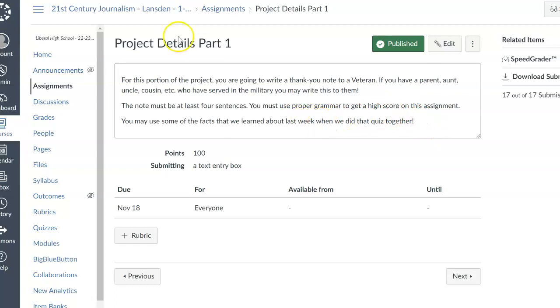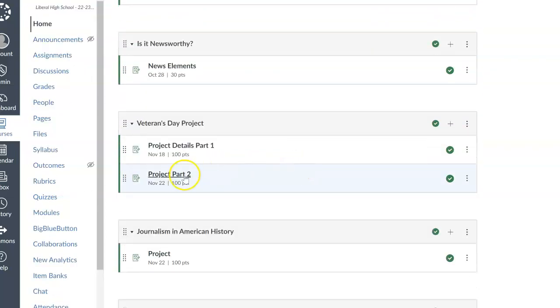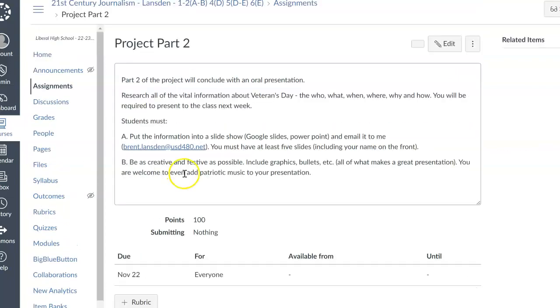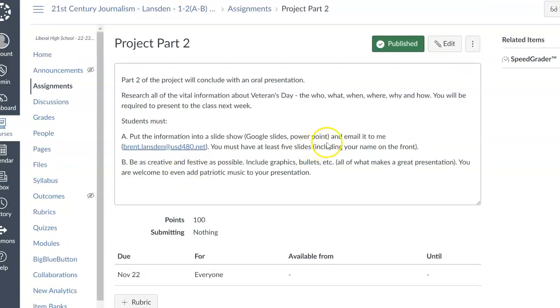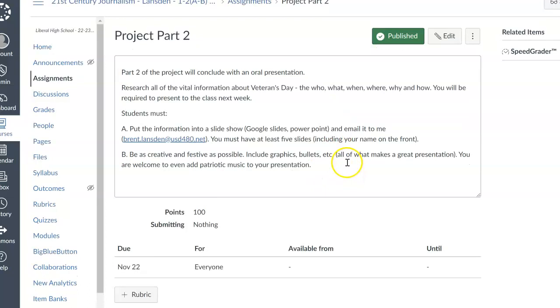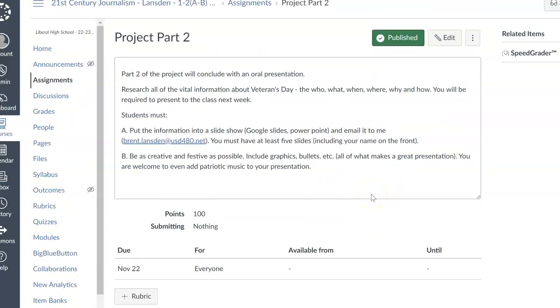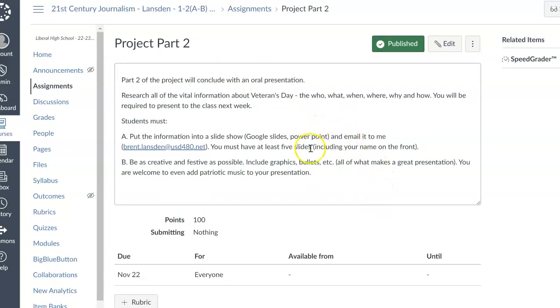The second assignment for this was they had to do a who, what, when, where, why, and how about journalism. Wanted quite a bit of information on slides on Google Slides. Students were fairly responsive to this, although a lot of them seemed to not do it, which was frustrating.